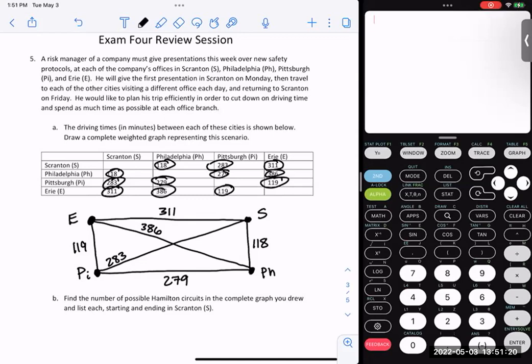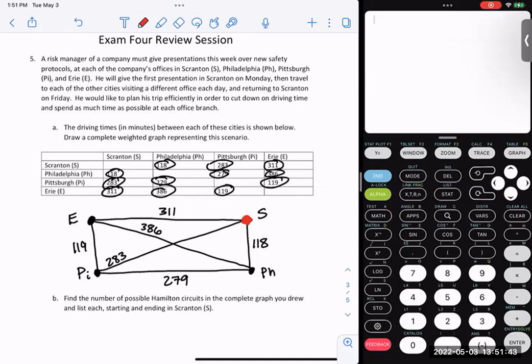All right, so we just want to make sure that this person is able to travel from Scranton on Monday to every other city exactly once, and we want to do this as efficiently as possible, right? So we want to use this information to see what would be the way that would take the least number of minutes.